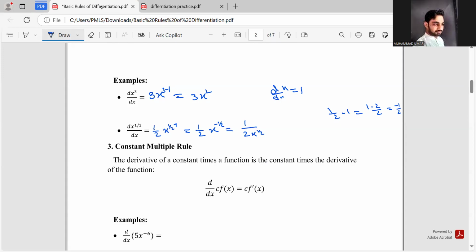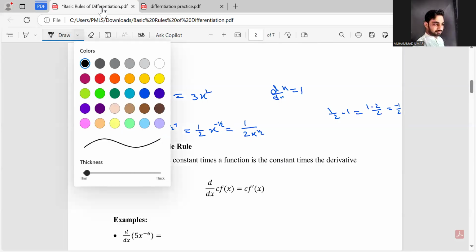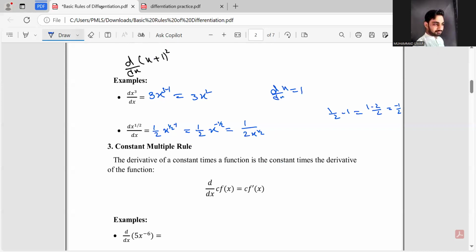In the same way, for example, if you have any other function like d by dx of (x plus 1) raised to power 2, how will we do this? Same, we apply the power rule. In this case, see that the base is not simply x. The power will become the coefficient, then decrease 1 in the power, like 2 minus 1, and take the derivative of the base. The base in this case is x plus 1.